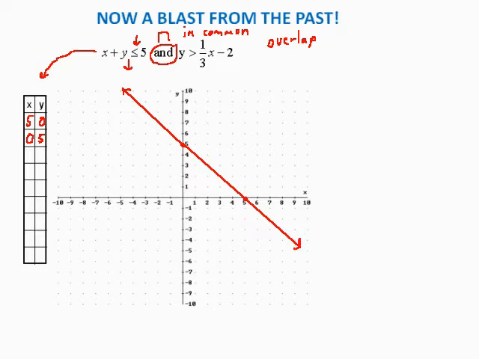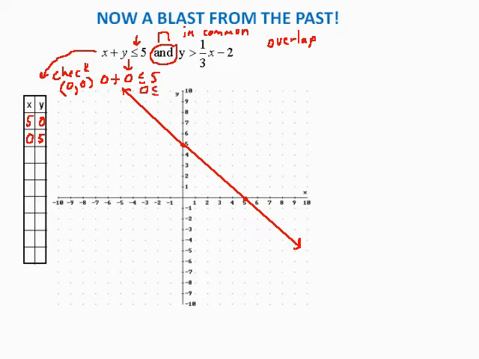Now, if this were the only thing we were going to graph here, this solid line, which side would we shade on? What I'm going to do is check, of course, because I'm lazy, and you probably will too, 0, 0 to see if it works or not. So putting in 0 for both x and y, true or false, deal or no deal. I used to love that show, Deal or No Deal.